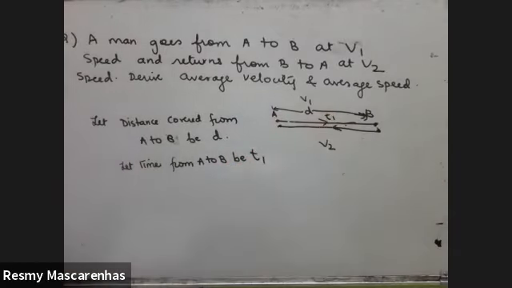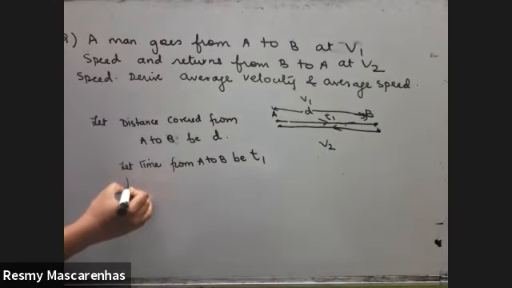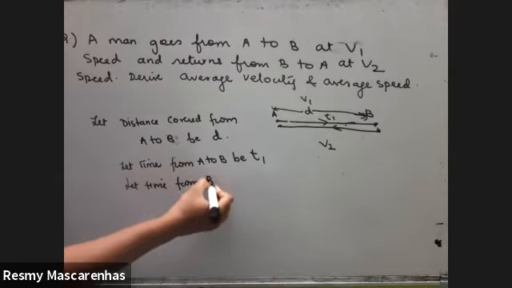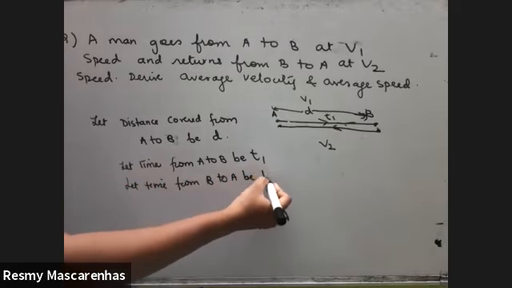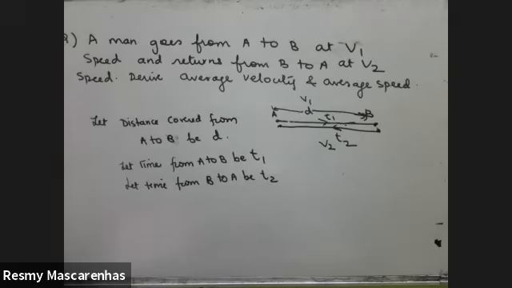While coming back you can assume a different time. The time taken from B to A is t2. While going you might take 1 hour, while coming back you might take 2 hours, so we have to take different times.